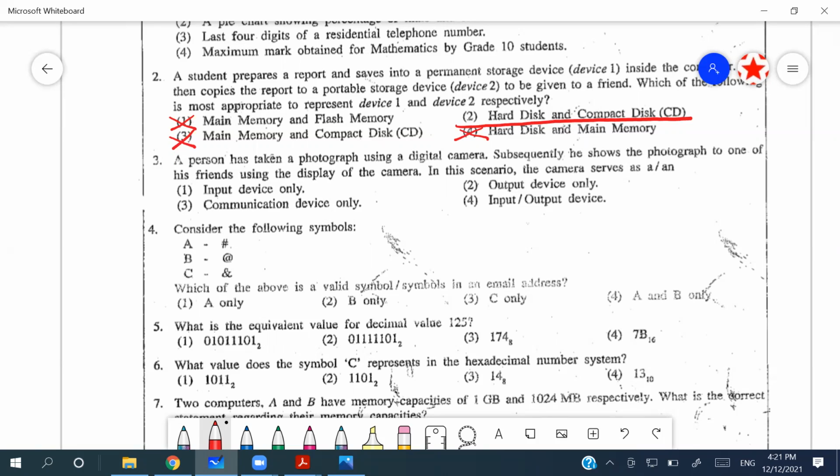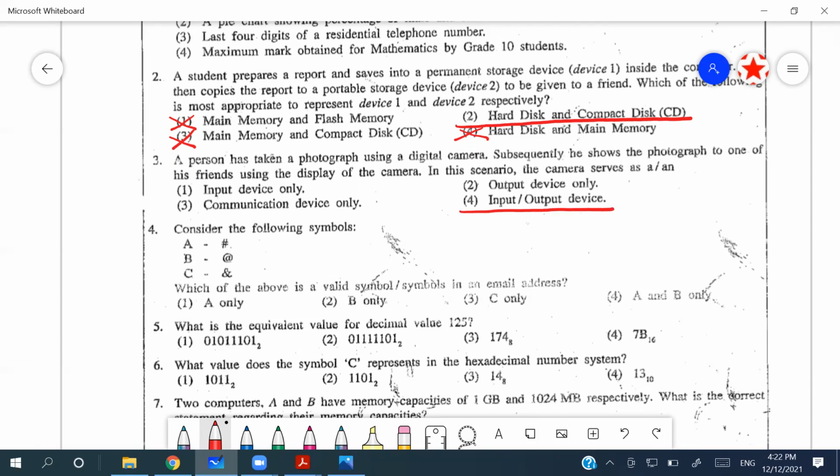At the same time, if you are going to see a particular photo on the screen, from the screen we are getting an output. So it works as both an input and output device. That means the fourth one is going to be the answer. Both facilities are there, right? So for the third question, it's the fourth answer.